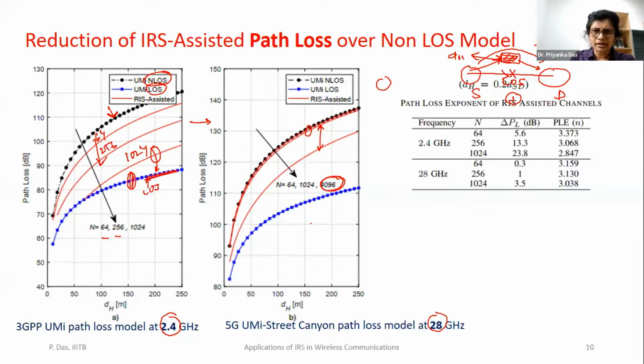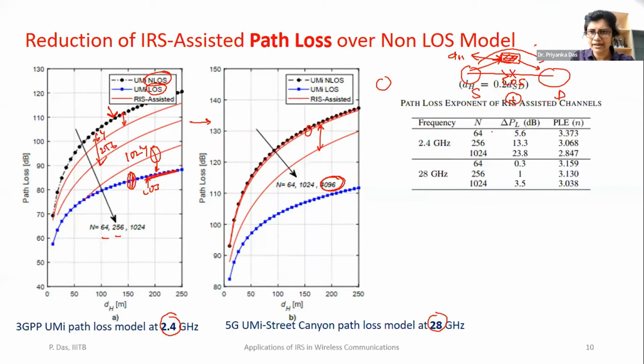So to summarize, we can see what the IRS role is in path loss reduction. We talk about two frequency ranges, we talk about different IRS elements, and delta PL is the reduction of the path loss, which is the gap from this black dot from the non-LOS to IRS-aided.